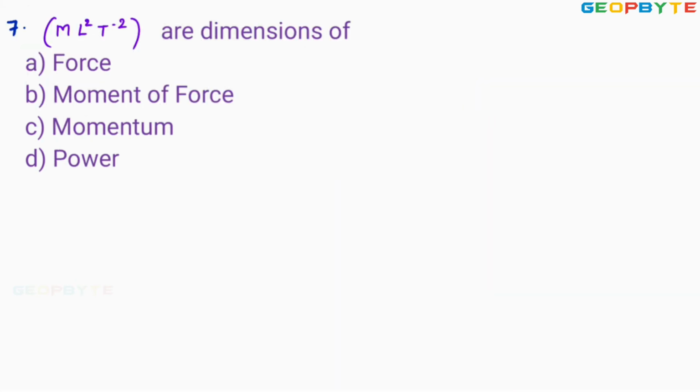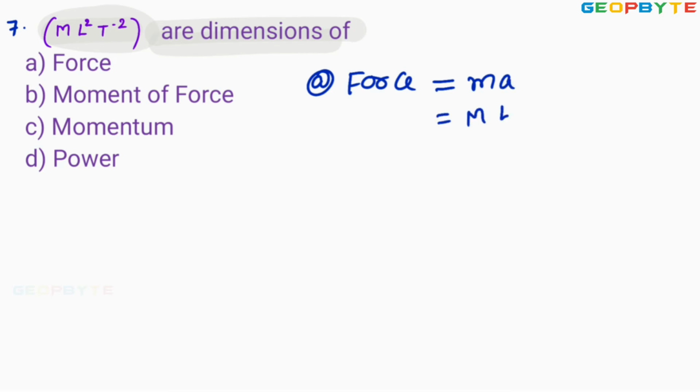Look at the 7th problem. M L square T power minus 2 are the dimensions of. First option is force. Force dimensional formula. Force equal to M A. It is equal to M L by T square.